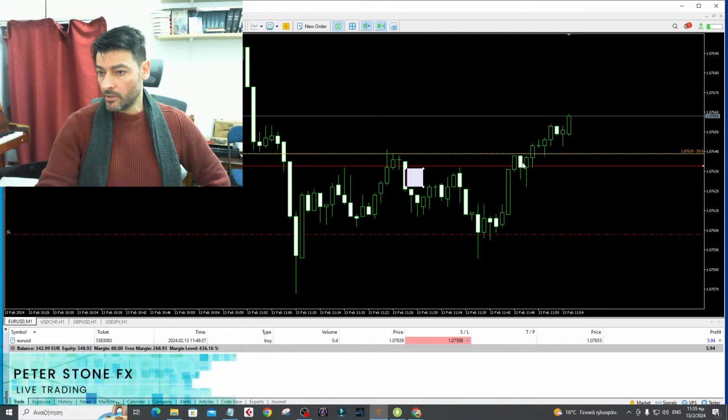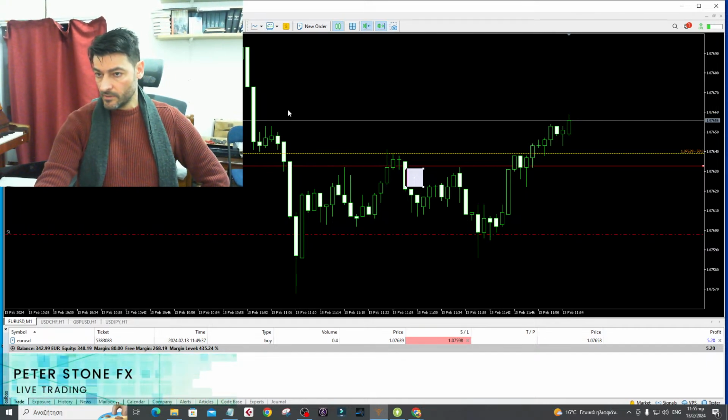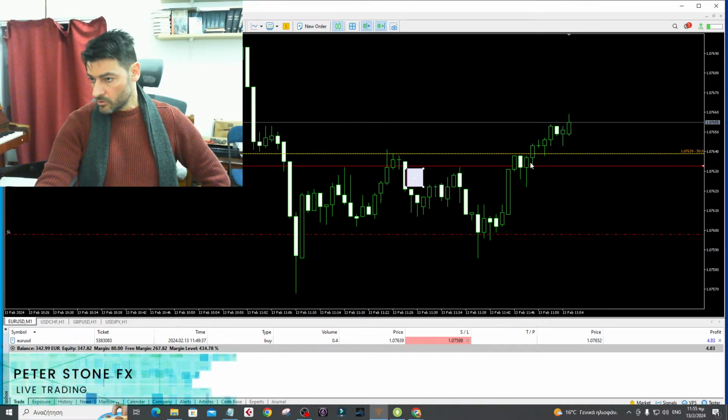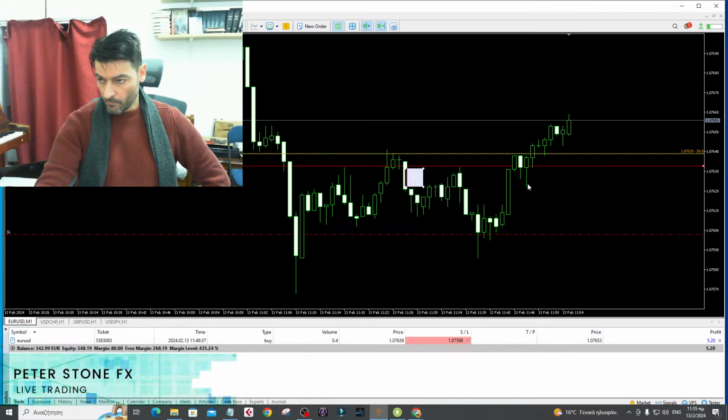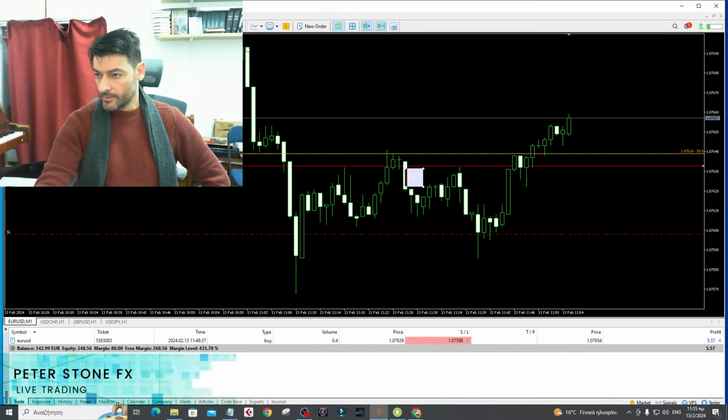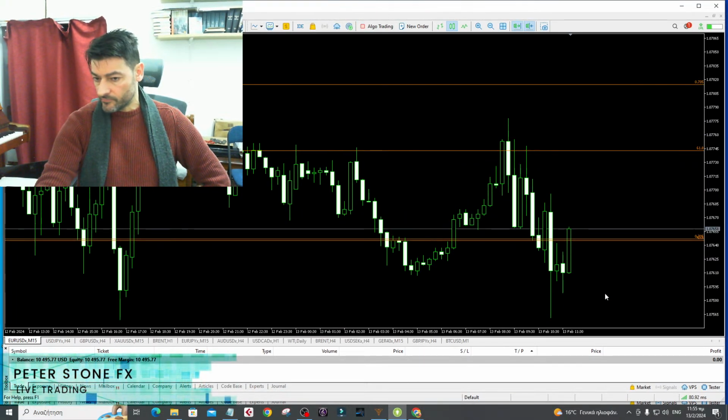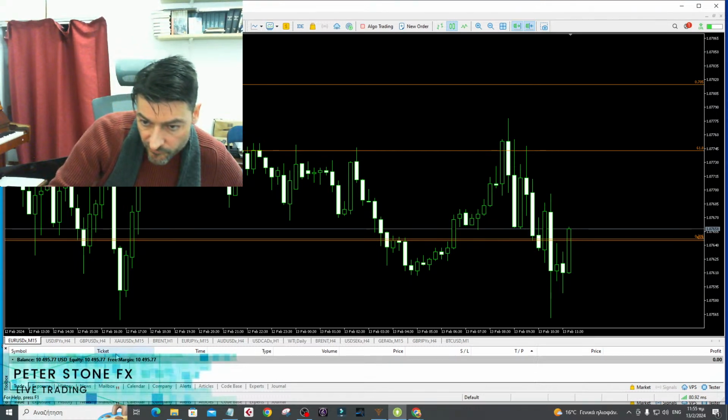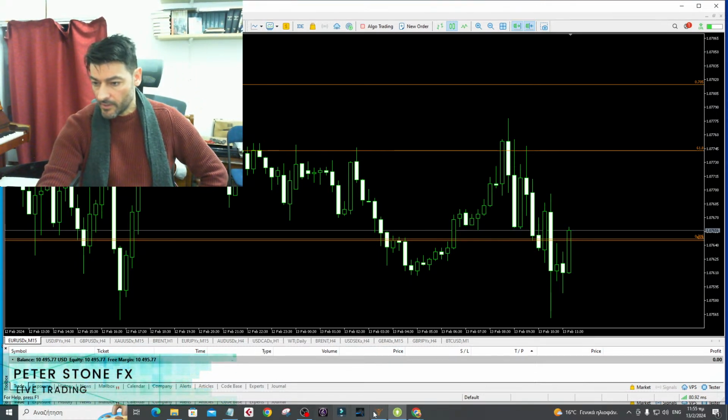We don't need to go here. You will see this imbalance. We don't need to because we have this retracement here. So we're taking this high actually. So glad that I took off the other. 495, almost 500. Okay, I'm happy with that.